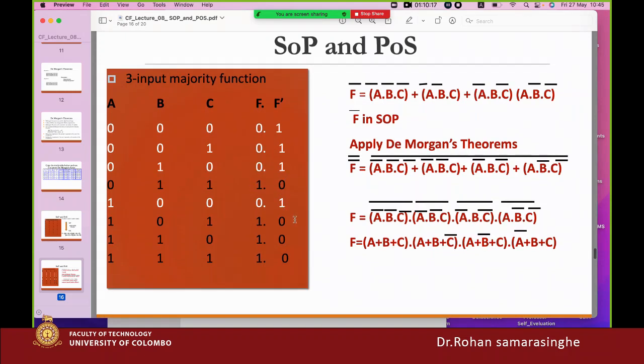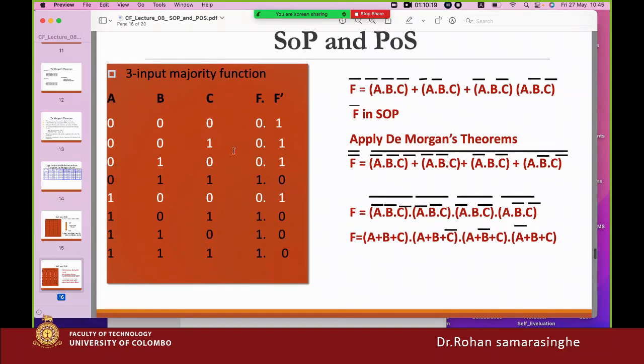This is A dot B dot C plus, and the dash value, you get A bar B bar C. Likewise you can get it. Apply the De Morgan theorem 2 times.